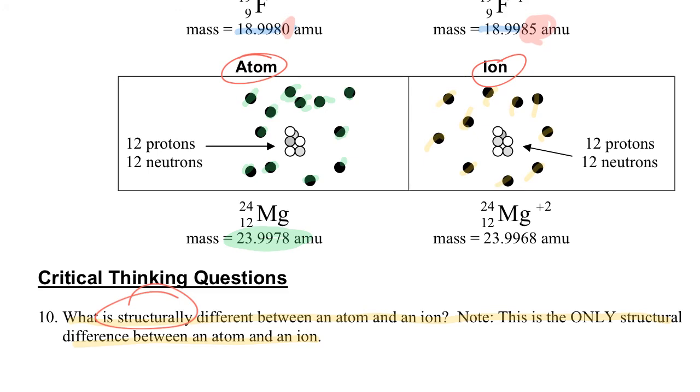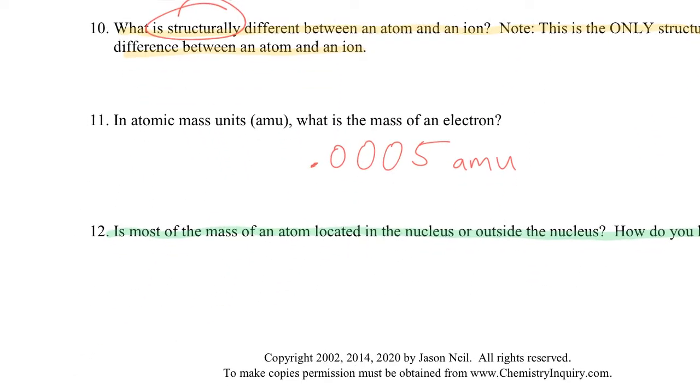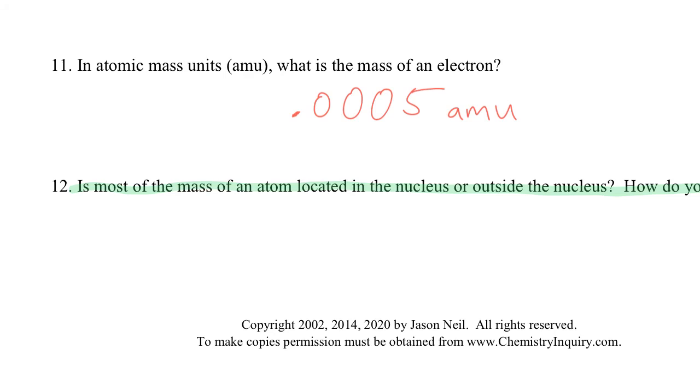This is almost 24 AMU, and each electron is only 0.0005. Therefore, most of the mass has to be right here in the nucleus. Most of the 24 AMU comes from the nucleus. So they can deduce that for themselves, much better than just telling them.